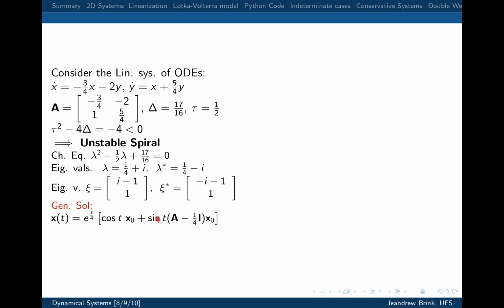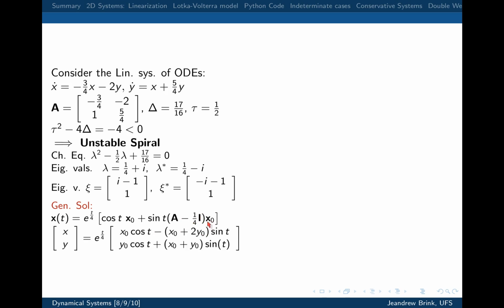The sine t depends on time, and then the second constant, where I've already filled in the omega and tau, is actually a matrix: A minus 1 over 4 times I, times your initial condition.